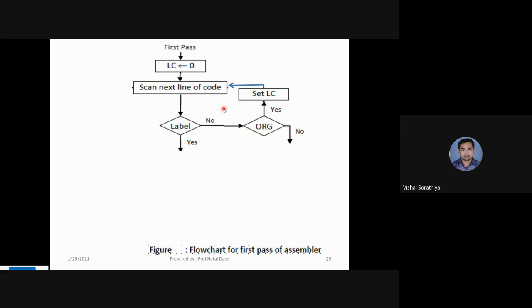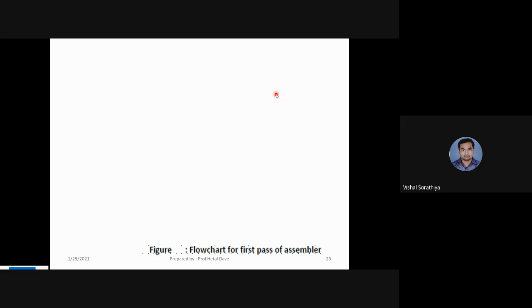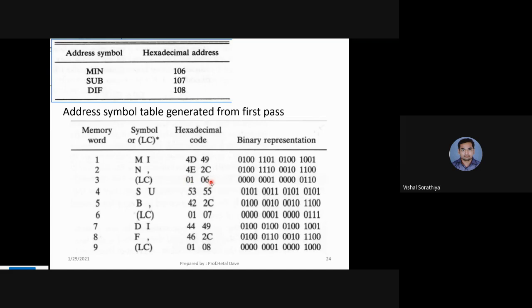In our case, when your program starts with ORG, once ORG comes it will assign some value to LC, as in our table, where the value of LC has been assigned 0106.